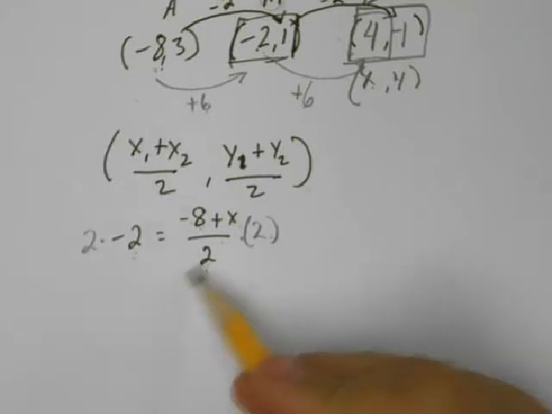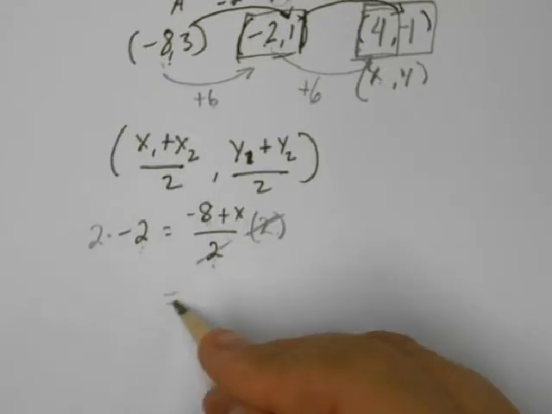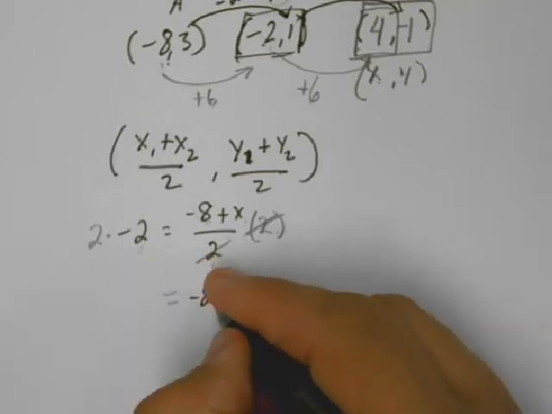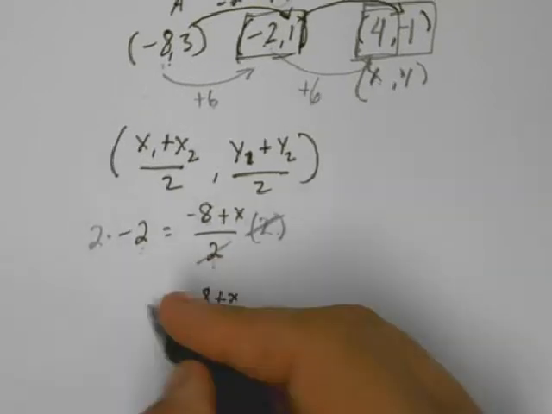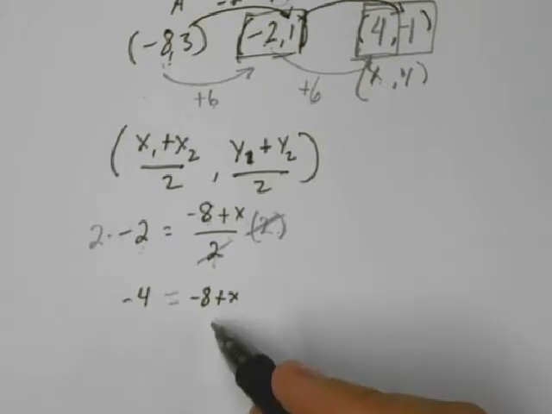So when I multiply by 2, the 2's cancel over here. What's remaining? -8 + x. 2 times -2 is -4. Whatever I do to one side of the equation, I have to do to the other side. Now what do I got to do, Ashton?